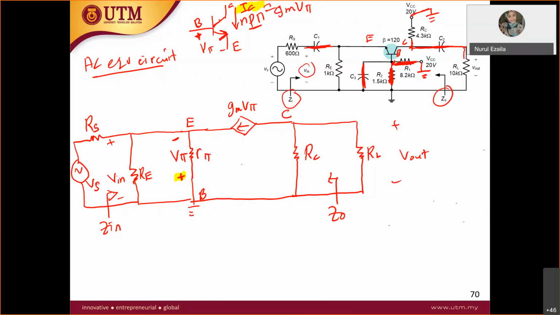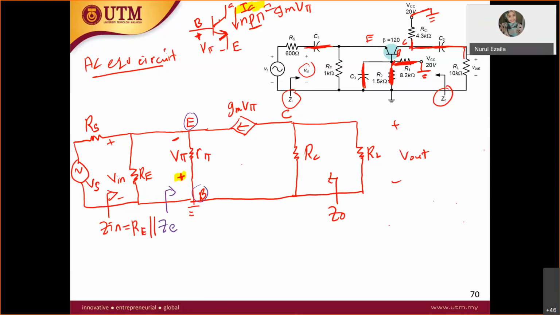Okay, in this case, this involves two nodes over here. Therefore, you have one input impedance here, ZE. So Z in is equal to RE parallel with ZE.